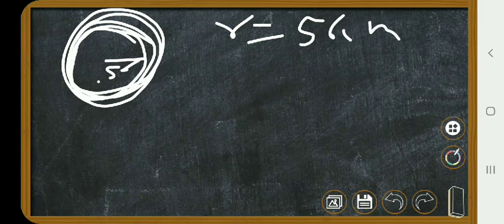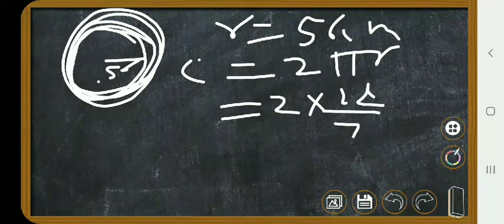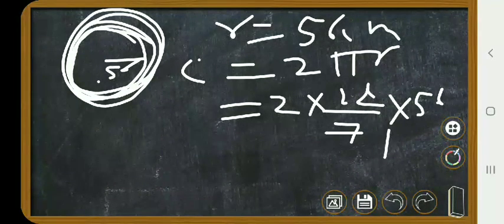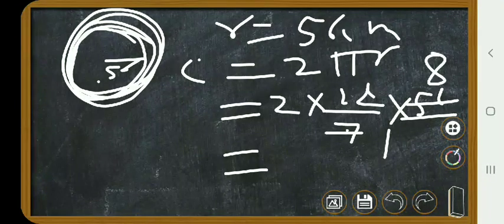So according to our formula, we'll put the values in 2 pi r. 2 pi is 22 upon 7 and r is 56. 7 ones are 7, 7 eights are 56. There will be a division between these numbers, as this is the numerator and this is the denominator. 7 eights are 56.